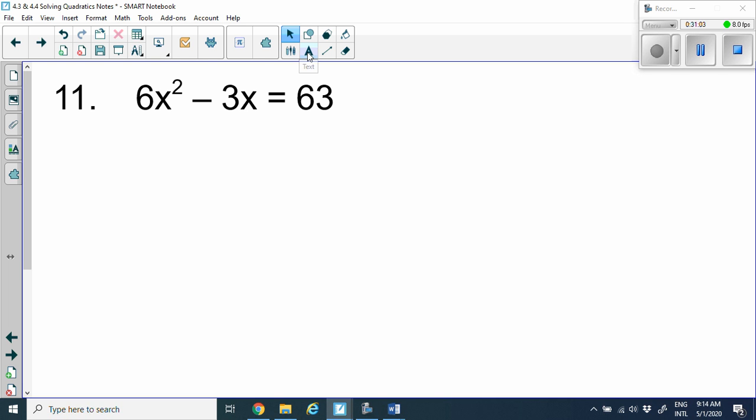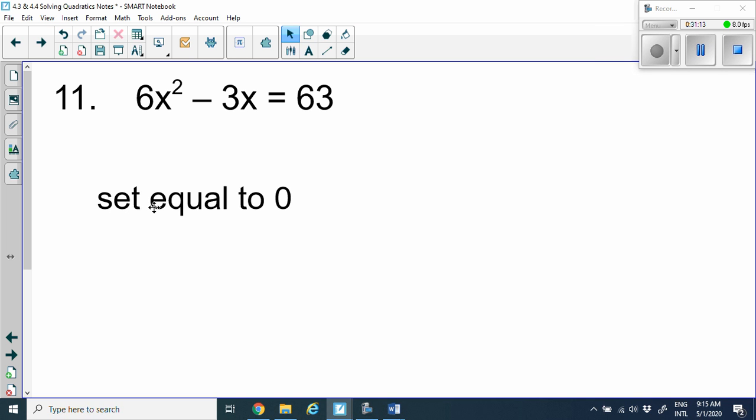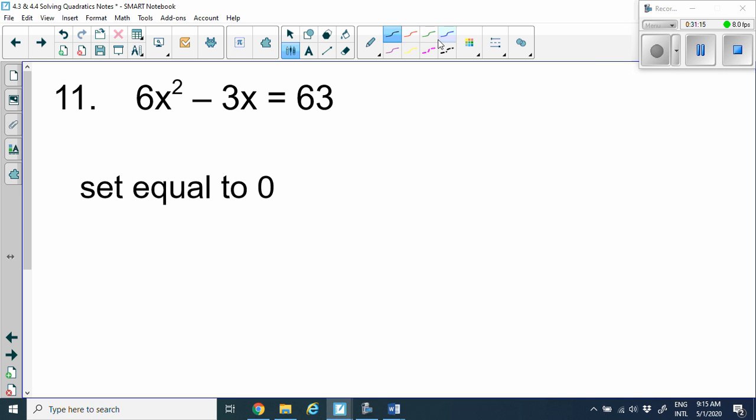So our first thing we notice is that it's not set equal to 0, so we need to do that. Once again, anytime we have a variable squared, we always want to keep that positive. So what I'm going to do is subtract 63 from both sides.